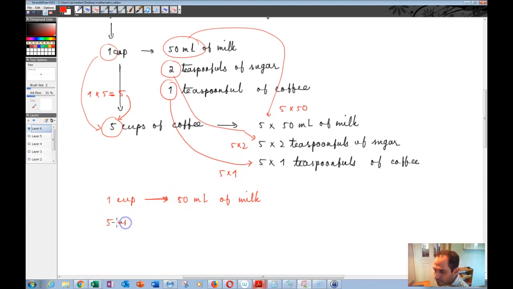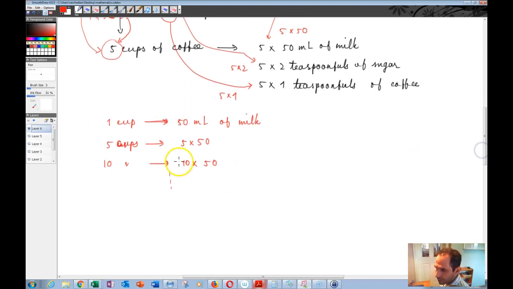For 5 cups, you need 5 times 50. For 10 cups, you need 10 times 50, and so on. So you see that the number of cups of coffee that you make and the amount of milk that you need are increasing together, and they're increasing proportionally.